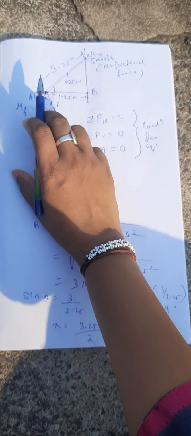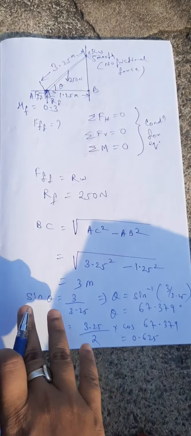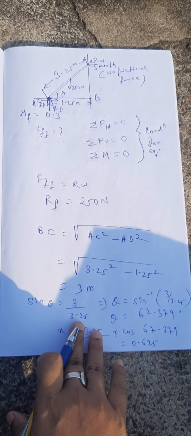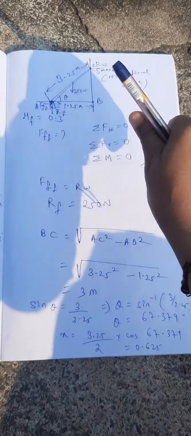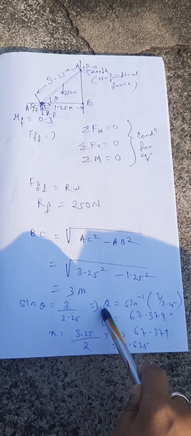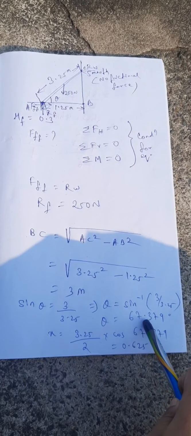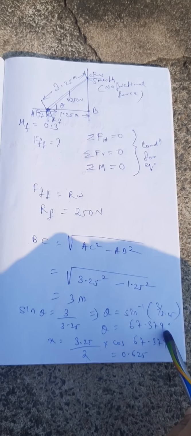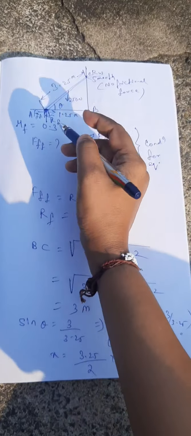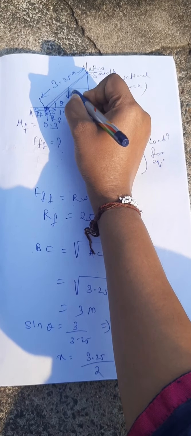Next we will calculate this theta value. Sin theta equals 3 by 3.25, opposite by hypotenuse. So theta equals sin inverse of 3 by 3.25, that is 67.379 degree. To calculate moment, we need to find this distance.